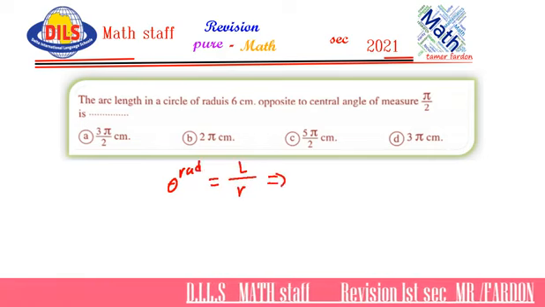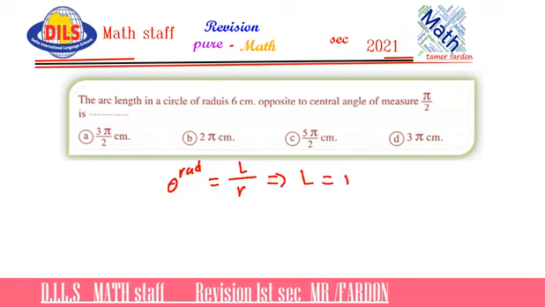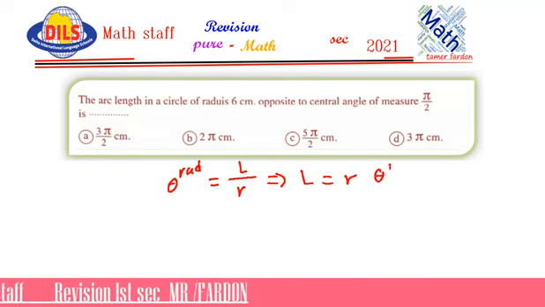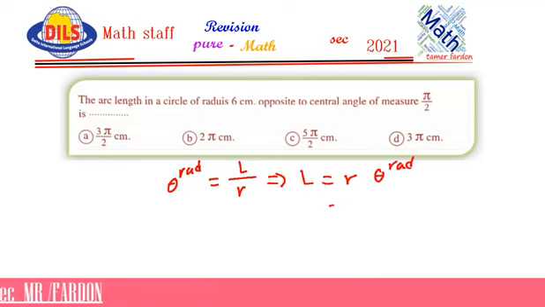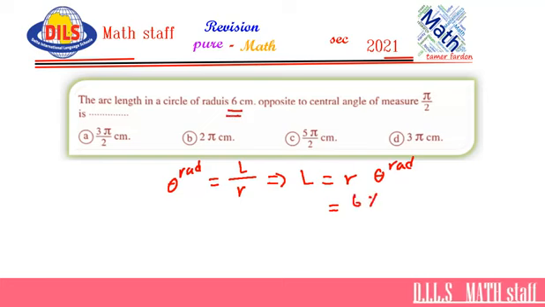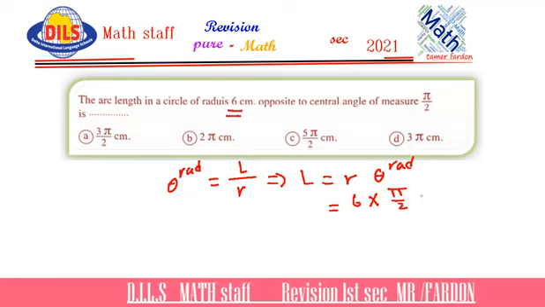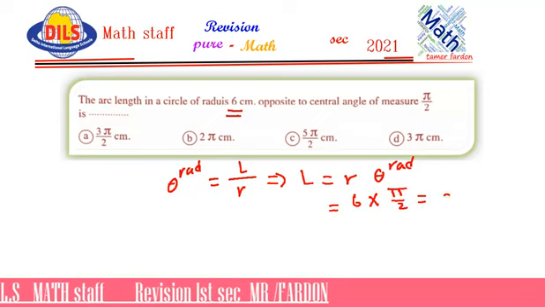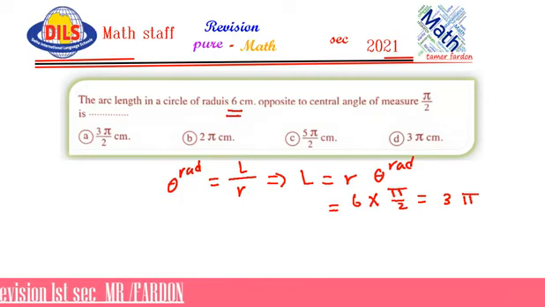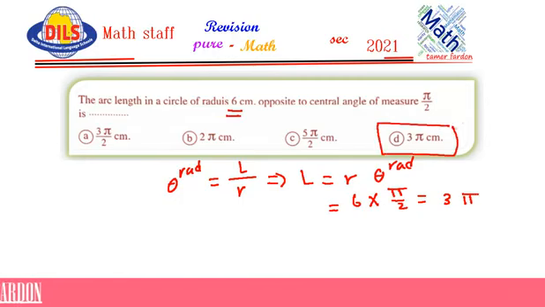So L equals R times theta in radians. R is given 6 centimeters, times theta in radians, which is pi over 2. So L equals 3 pi. So the correct answer is 3 pi centimeters.